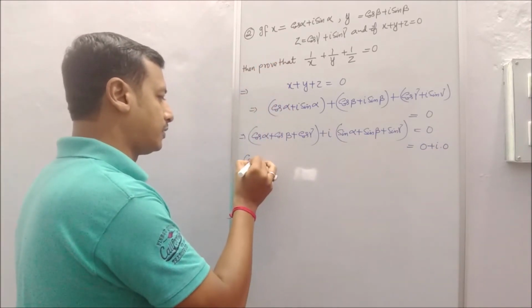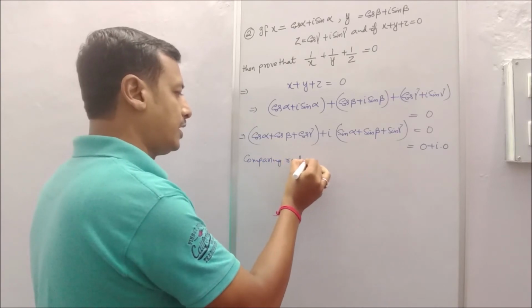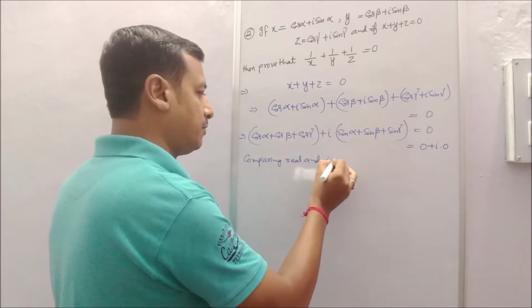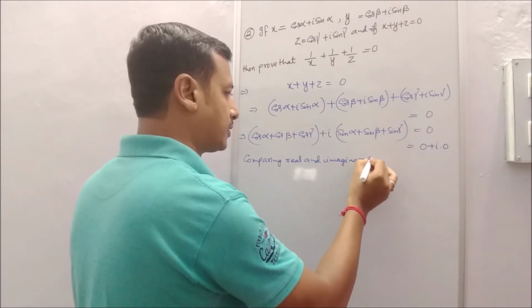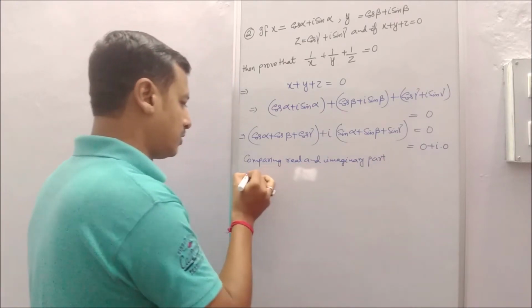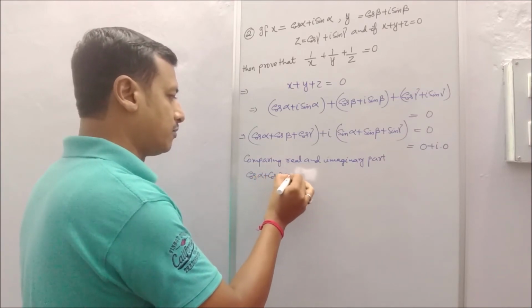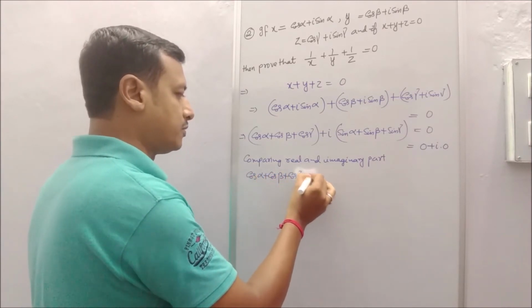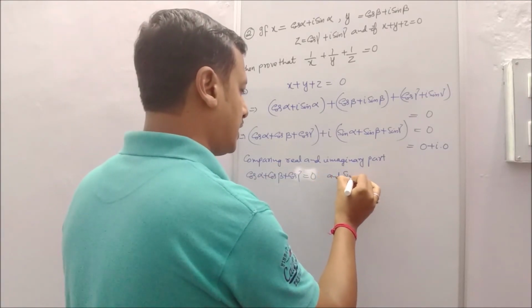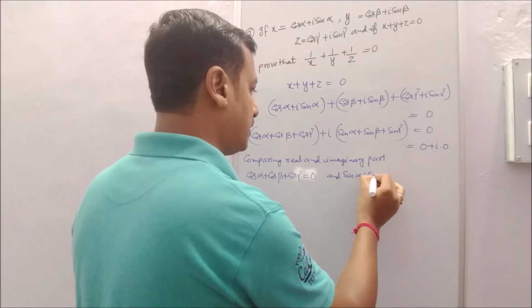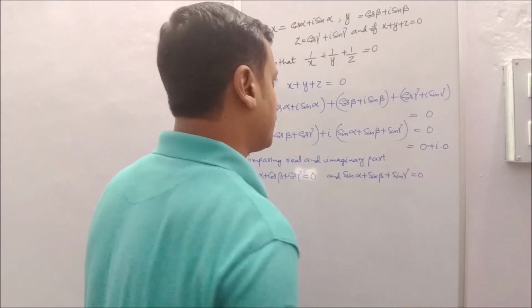So comparing real and imaginary part, (cos alpha plus cos beta plus cos gamma) is equal to 0, and sin alpha plus sin beta plus sin gamma is equal to 0.